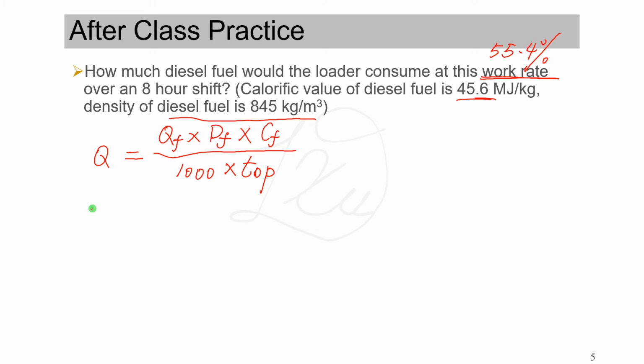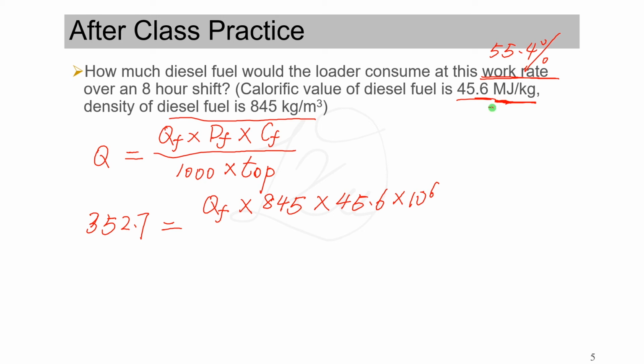The heat generated from this diesel is 352.7, which equals quantity of fuel times fuel density 845, times the calorific value of the diesel fuel 45.6 times 10 to the 6. Make sure you convert this million joule per kilogram to joule per kilogram.